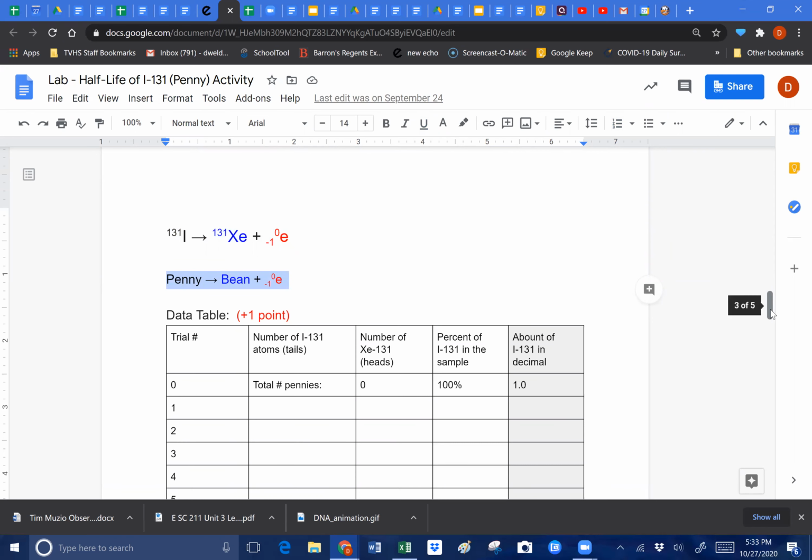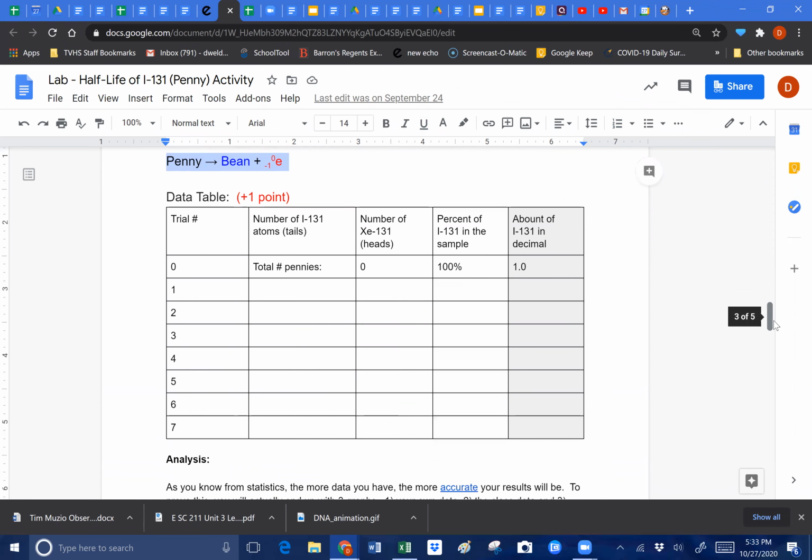So then you have your data for each half-life. To calculate the amount of material remaining, so the iodine-131 left, at first you have 100%. And then after one half-life, you take the number of tails and divide it by the original amount. Once you do the second half-life, you take the number of tails remaining, which is even less, and divide it by the original 100%, and so on.